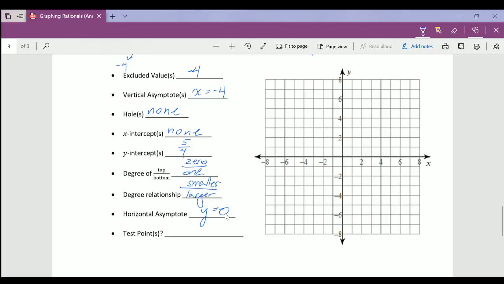Okay? We might need to do some test points. Let's see what happens here. We've got a vertical asymptote at -4. Let me make this a little bit bigger. Oh yeah, that's much easier to see.